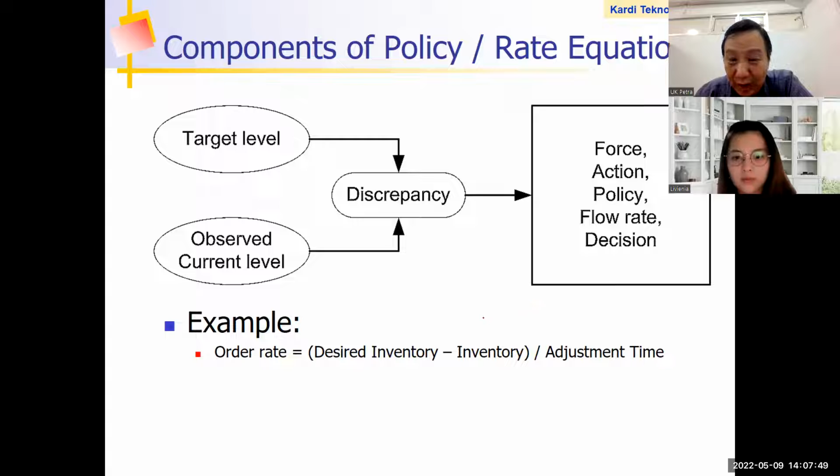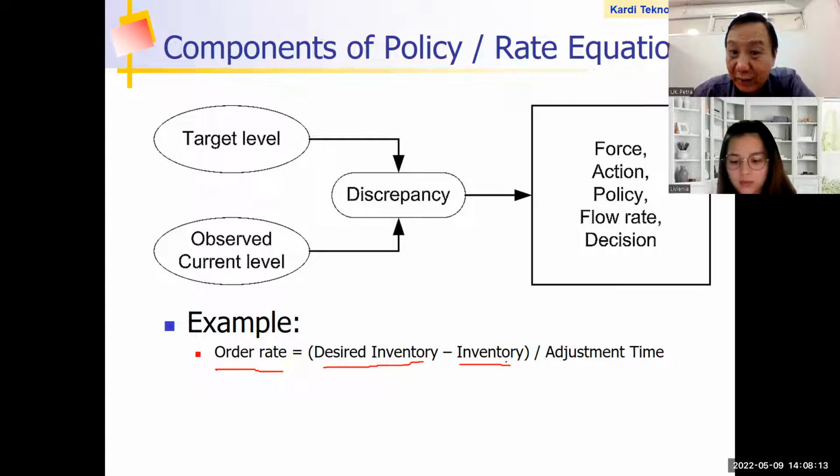This is how you will put this into a real equation. Say I want to calculate the order rate. How do you calculate the order rate? The goal, which is the desired inventory, minus the observed current level, which is the inventory. What is this?